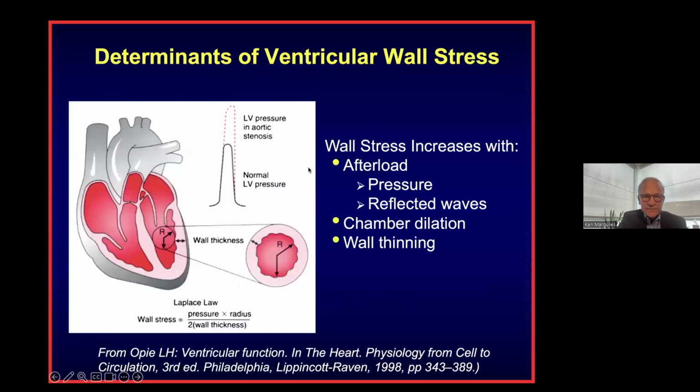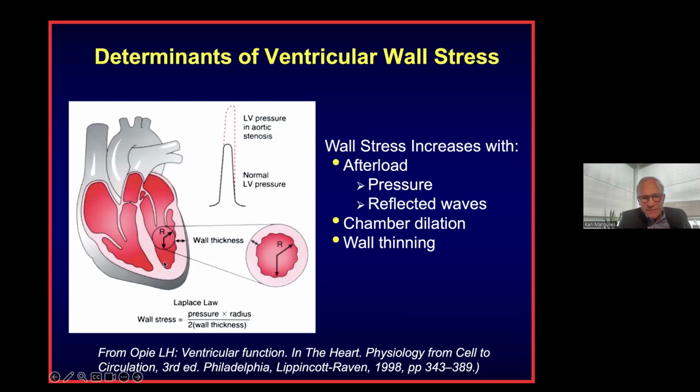Again, this should be familiar to folks that, of course, when we have an extrinsic afterload stress like aortic stenosis, as shown near the top here, that increases the systolic wall stress in proportion to that increase in pressure. But also as the chamber, let's say the left ventricle, dilates, we also see that that radius is directly proportional to wall stress.